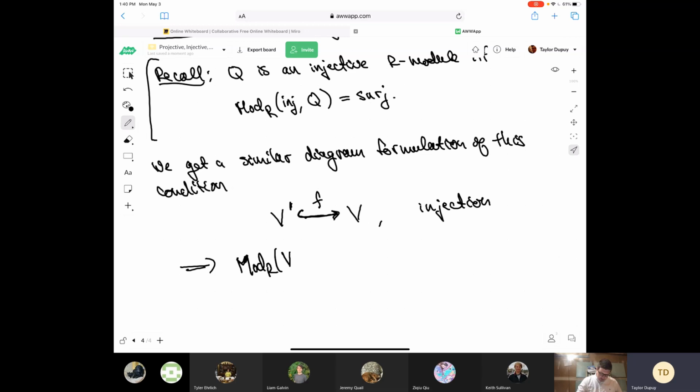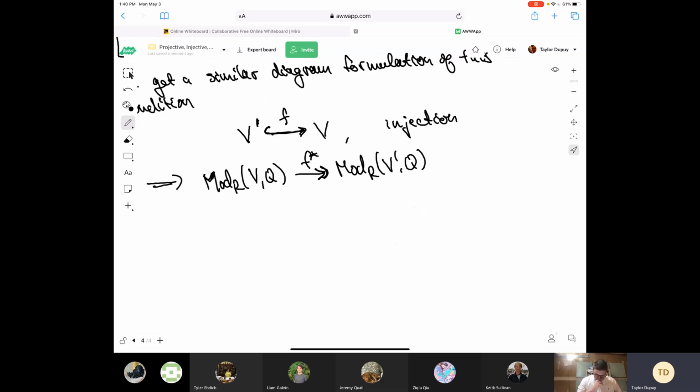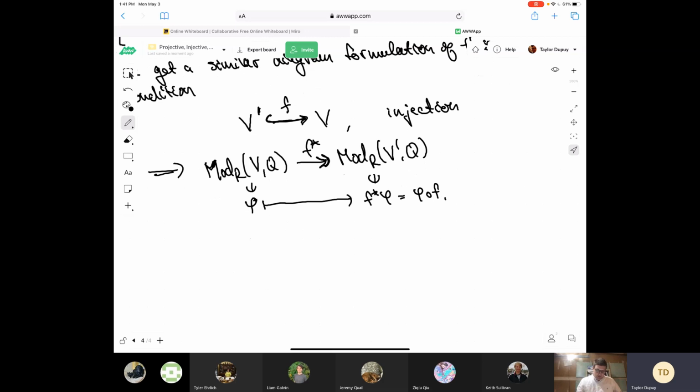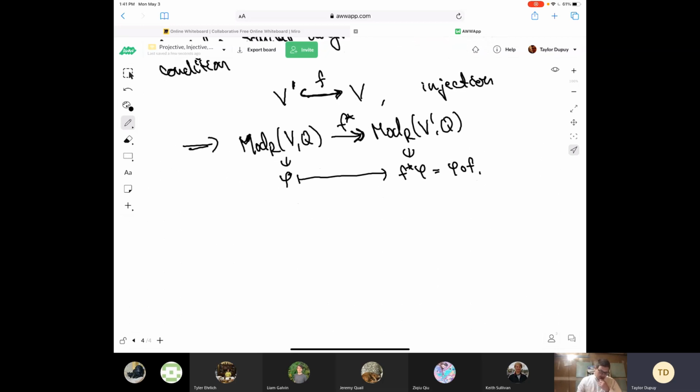So then we have V Q. This is the pullback map here, and this is mod R V prime Q. So this takes a map phi, and it maps it to F star of phi, which is phi composed with F. The other one was just a direct composition. This is backwards.